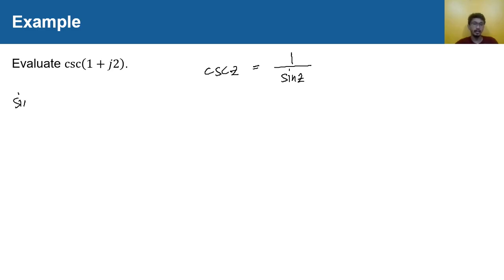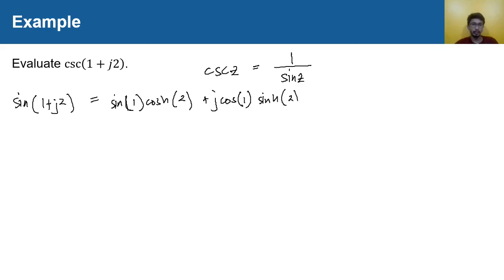Sine of 1 plus j2 is equal to sine of 1 times hyperbolic cosine of 2 plus j cosine of 1 times hyperbolic sine of 2. So this is now equal to 3.1658 plus j1.9596. Again, you use the radian mode of your calculator.